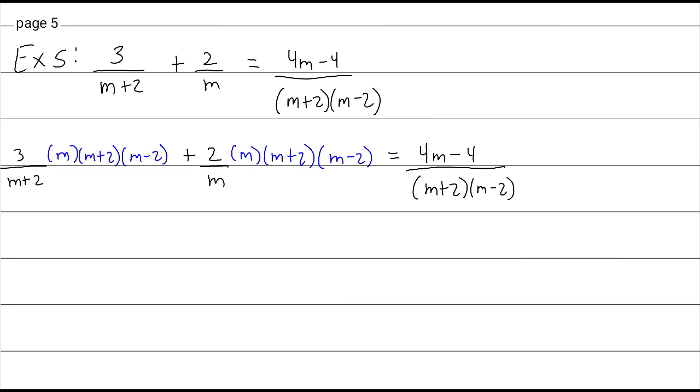Remember, that was m squared minus 4 times m plus 2, m minus 2. All right.